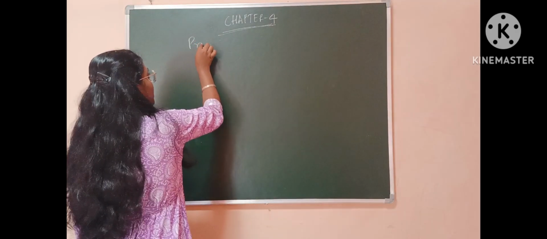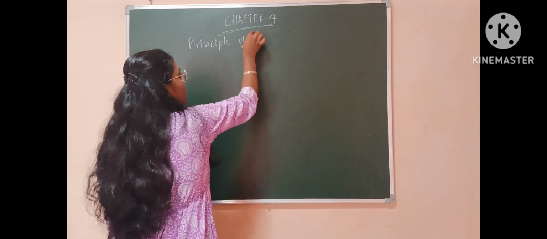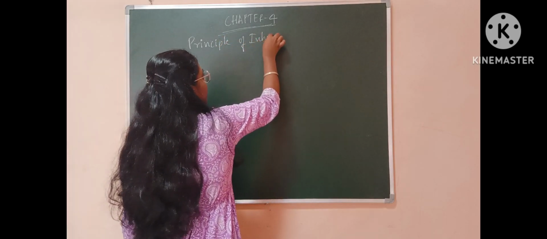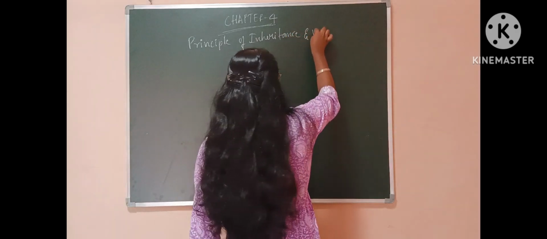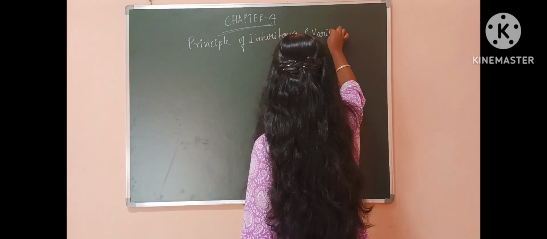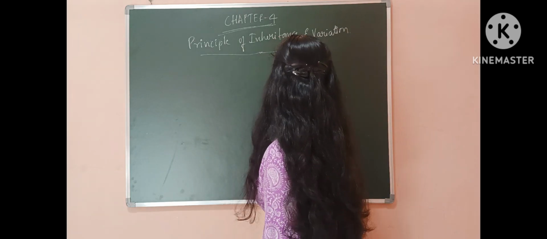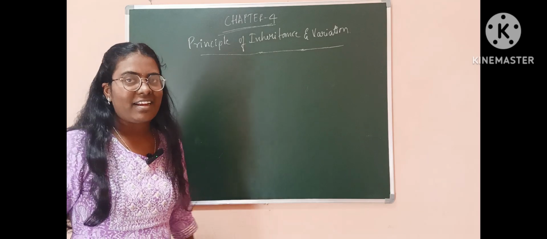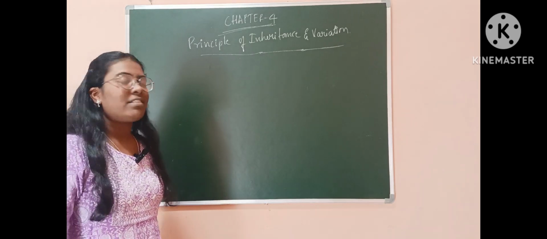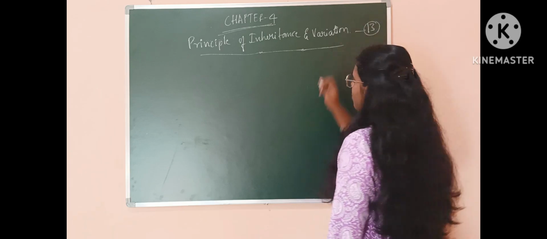It is Principle of Inheritance and Variation. Many students' favorite chapter, right? This chapter carries a total of 13 marks for your board exam.